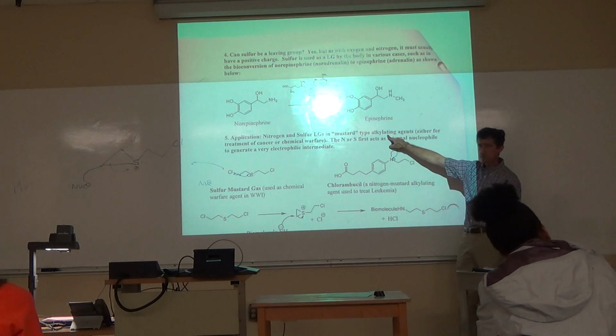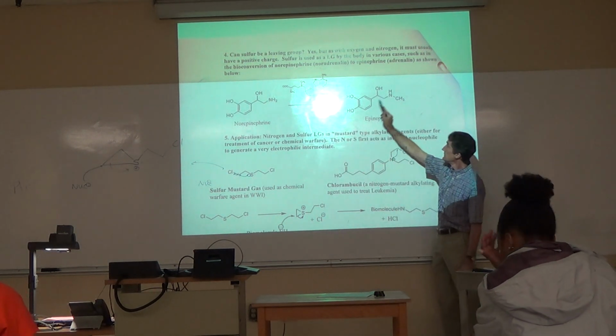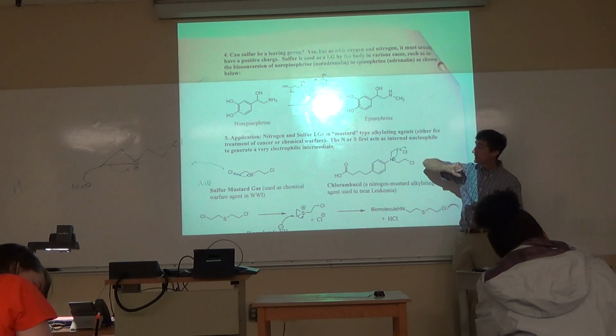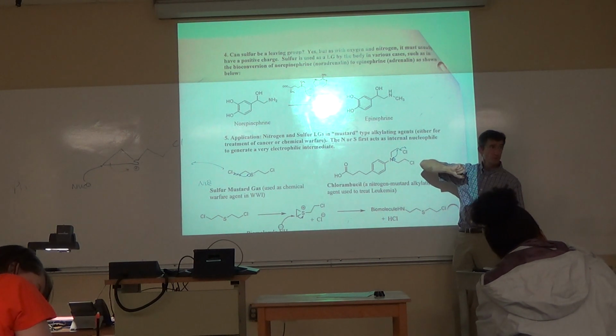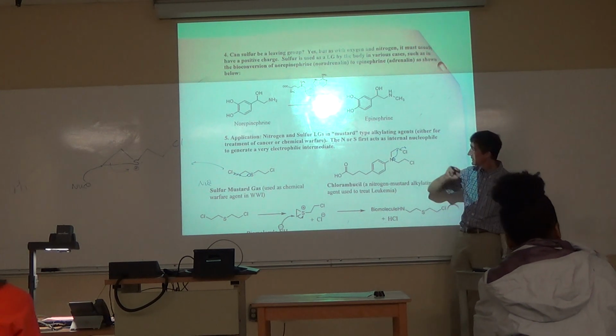Have we looked at alkylating? What does alkylating mean? We're adding an alkyl group. That's what we did up here. We alkylated this nitrogen. Whenever you do substitution, you're typically adding an alkyl group because you're attacking a carbon.